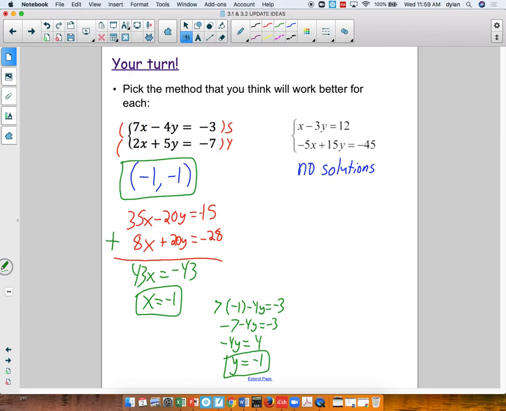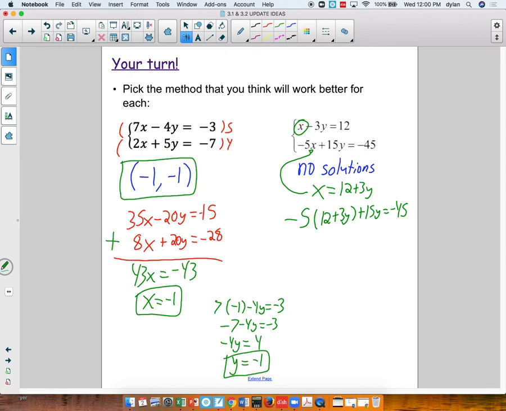Now for the second problem, I'm going to notice that x is alone, which tells me I'm going to use substitution for this problem. Because I've got x equals 12 plus 3y, which I'm going to plug into x in the second equation. So we've got -5 times (12 plus 3y) plus 15y equals -45.